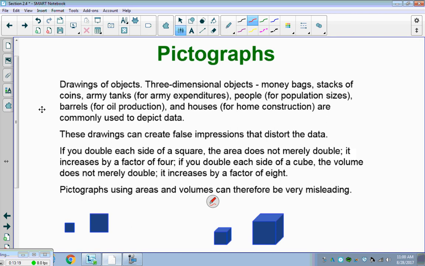Well, here it gives you people, barrels, houses, etc. If you look at the area of this compared to the area of that, tell me, how many of those little squares would fit into the big square? 4. So it's 4 times. This would indicate that something is 4 times, but many times it's really twice. But they double both the length and the width. Here they do it worse because they're taking something that's 2-dimensional and forcing it to be 3-dimensional when it really should not be 3-dimensional. Okay?